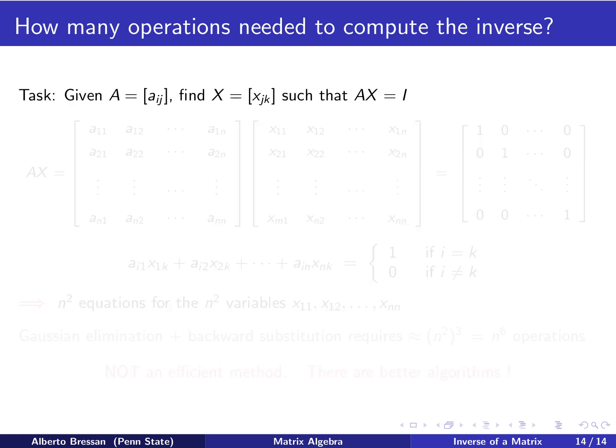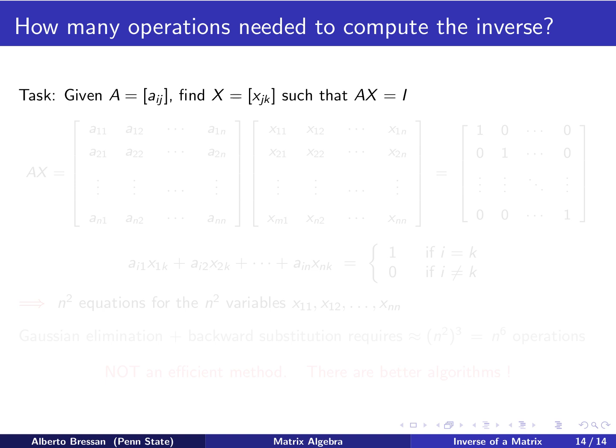Finally, let's talk a little bit about how to compute the inverse. Just very naively, how many operations will be needed to compute this inverse? Let's take a very straightforward, naive approach. So what will be the task?